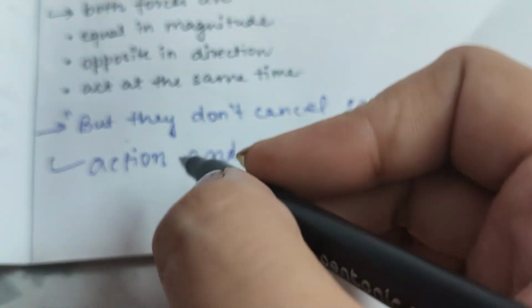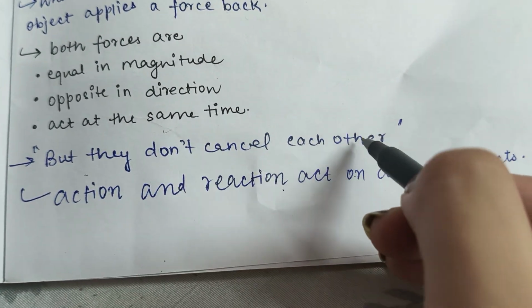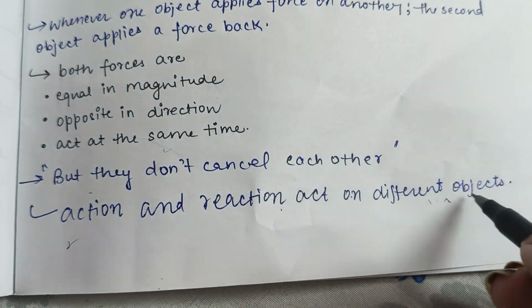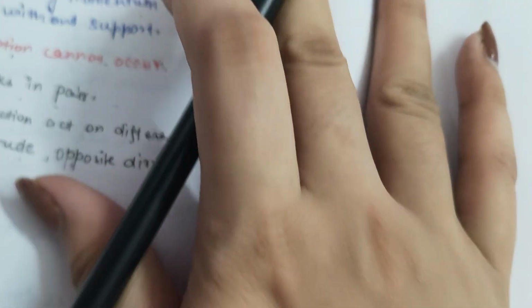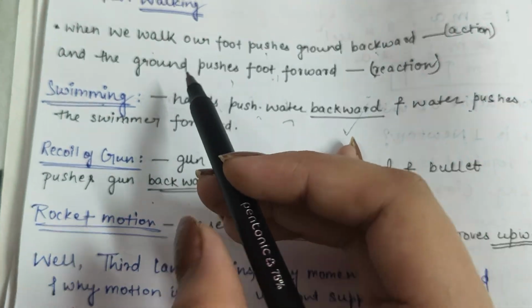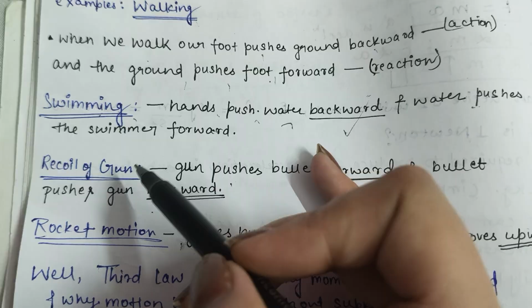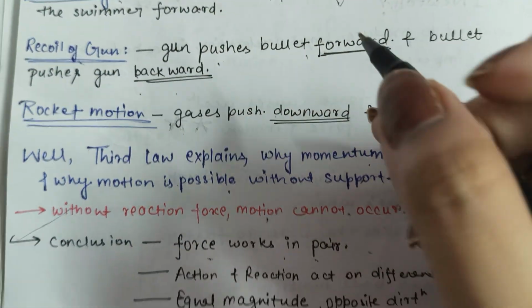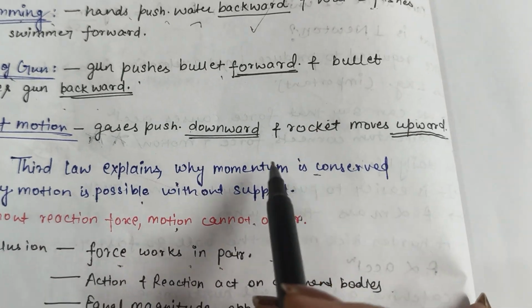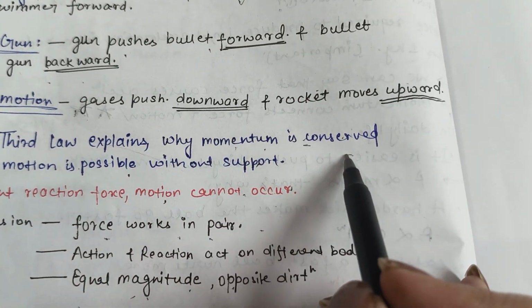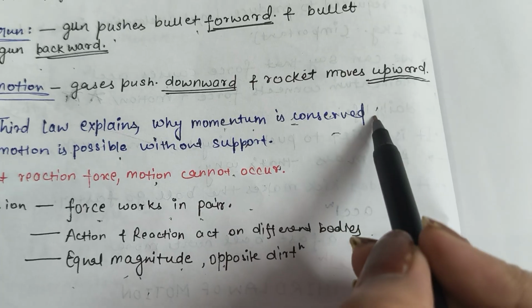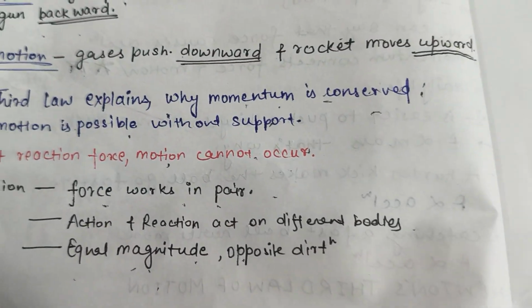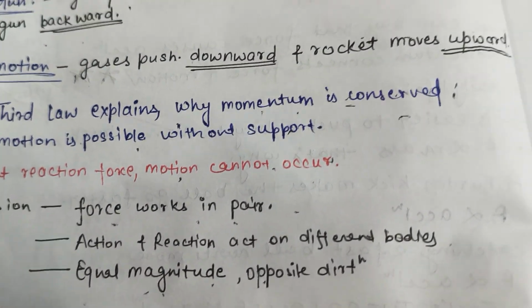The most important statement is that they don't cancel each other, because action and reaction act on different objects. I have already explained examples of walking, swimming, recoil of a gun, and rocket motion, and one of the important points is that momentum is conserved. This is important, and we will see its derivation in the next video.